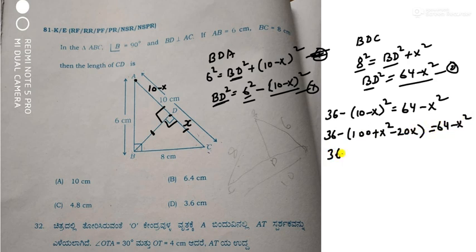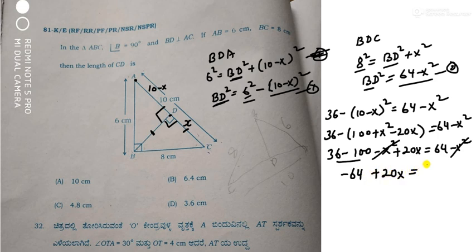So remove the bracket: minus 100 minus x square plus 20x equals 64 minus x square. So both x squares will get cancelled since they are in the same sign. So how much is this? Minus 64, plus 20x is equal to 64.